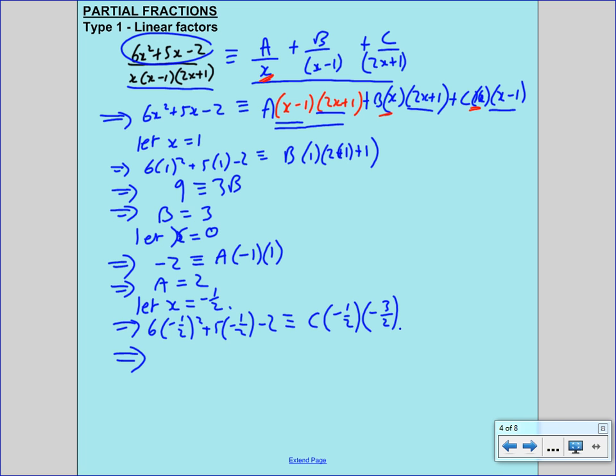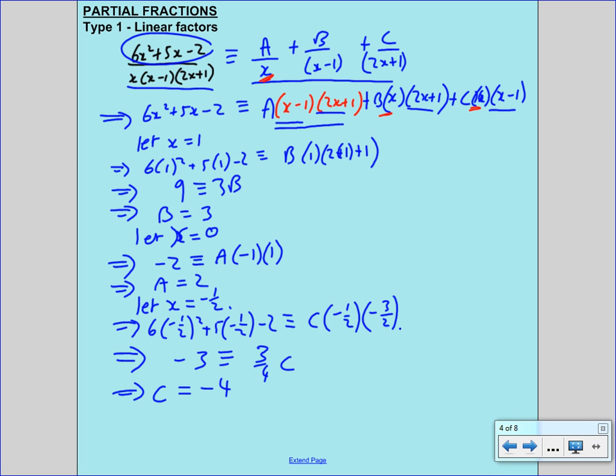Minus 0.5 squared times 6 plus minus 5 over 2 minus 2 gives me minus 3, and then I get c times minus a half times minus 3 over 2 is 3 over 4, implies 3 over 4 c, implies c must then equal minus 4. Minus 3 divided by 3 over 4 is minus 4.